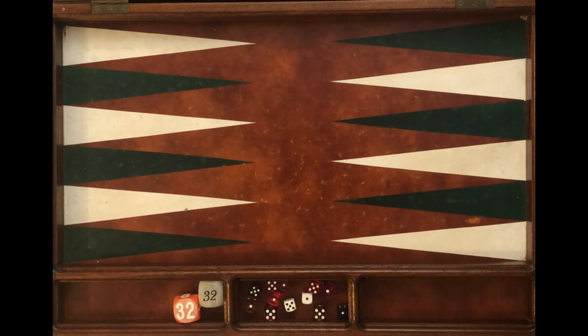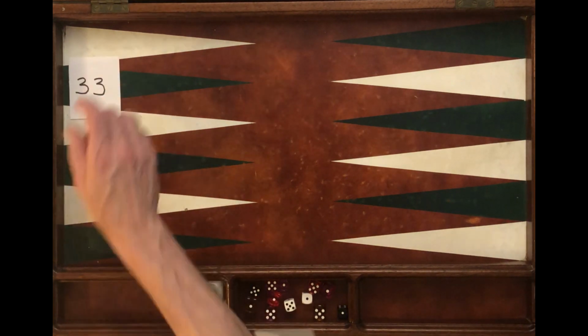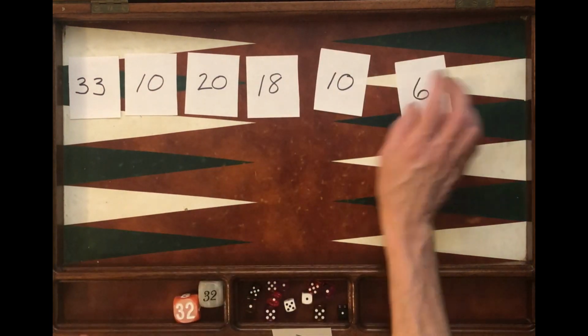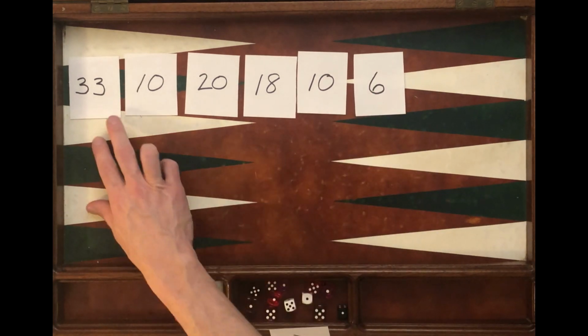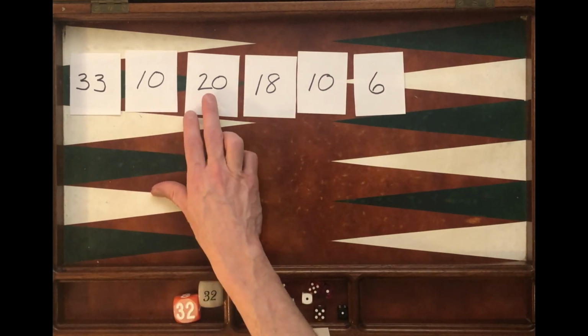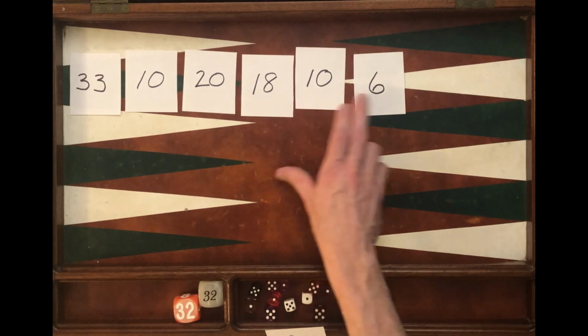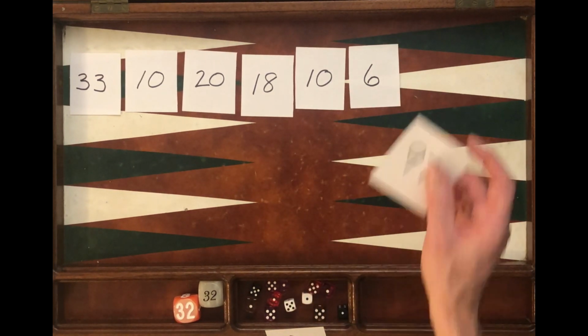Counting sequence. When I talk about counting sequence, what I'm talking about is the actual act, the actual steps I take when I'm counting live backgammon. So let's count a series of numbers. Let's add these up. 33, 43, 63, 81, 91, 97.